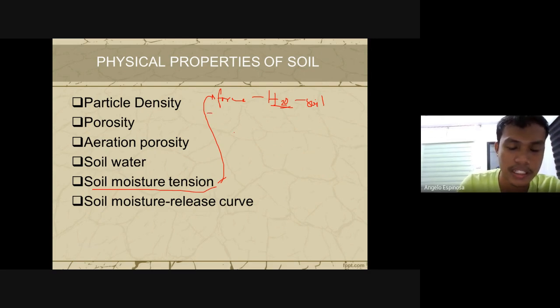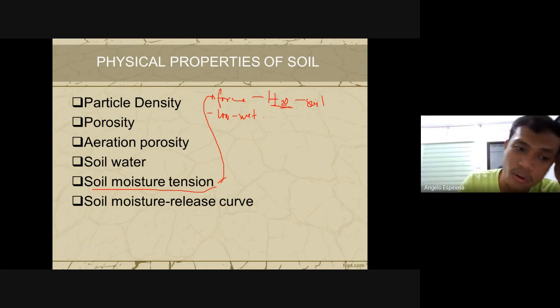Soil moisture tension becomes larger when the amount of water stored or retained is smaller. Soil moisture tension is also low in wet soils, and increases as the soil dries up.